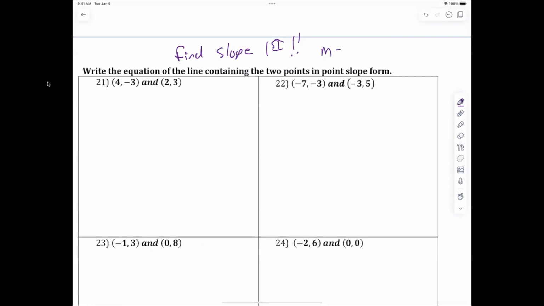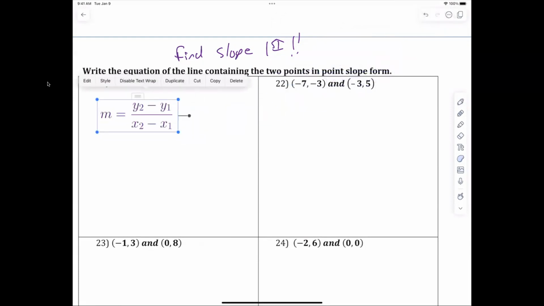M equals y2 minus y1 over x2 minus x1. There's our slope formula. I need to calculate the slope.